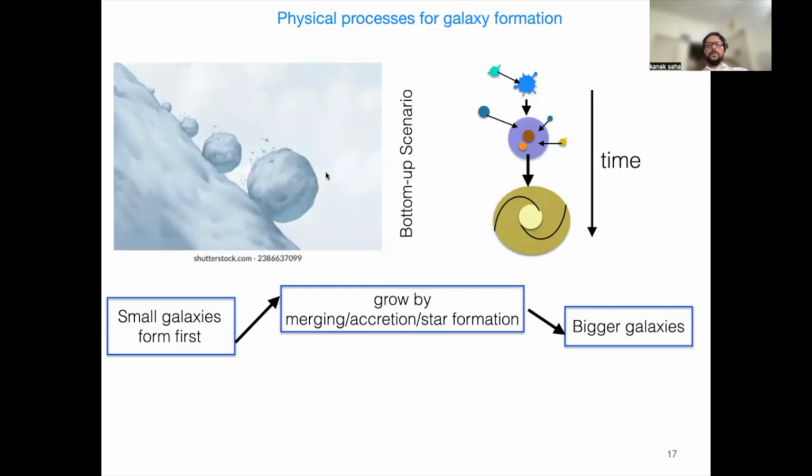This is the bottom up scenario, and galaxies also seem to grow in a similar fashion. Small galaxies form first, and they merge with small satellite galaxies, and over time they grow bigger and bigger to make what looks like a present day galaxy. In other words, small galaxies form first, and they grow via merger, accretion, or star formation into the bigger galaxies we see today.